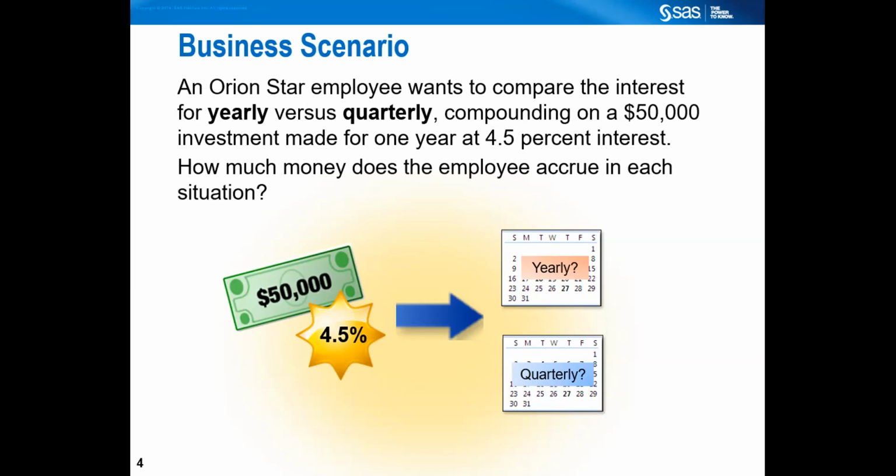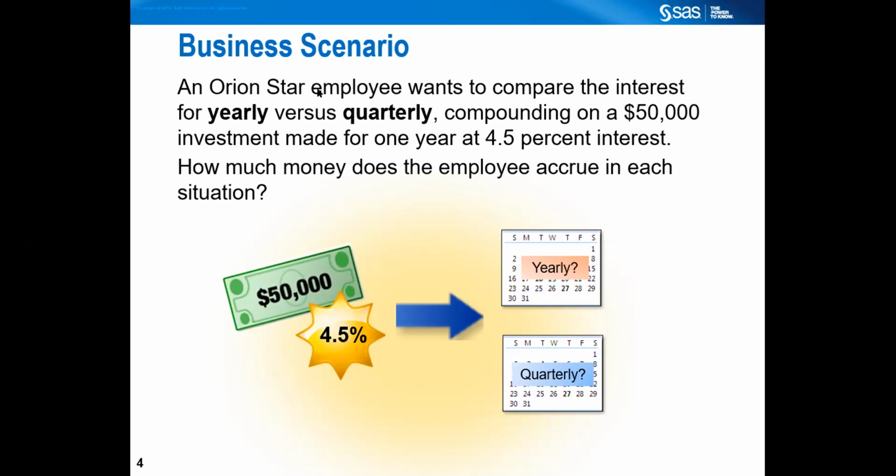Now you are quite familiar that in a year we have 4 quarters, correct? So with the rate of interest of 4.5 on your 50,000 amount of yearly investment, what would be the rate of interest quarterly as well as yearly? So this is the request or requirement from your business.